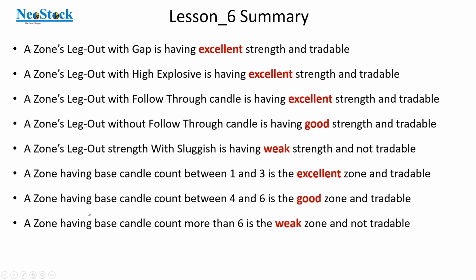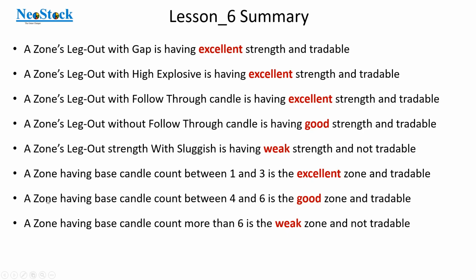Last 3 points are about base candle count. A zone having a base candle count between 1 and 3 candles, 1 base candle or 2 base candles or maybe 3 base candles, up to 3 base candles, minimum 1 or maximum 3. Such kind of zones having these between 1 and 3 base candles is called as excellent zone and it is a tradable zone.